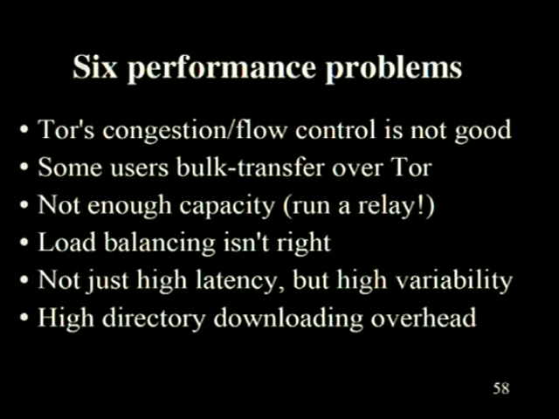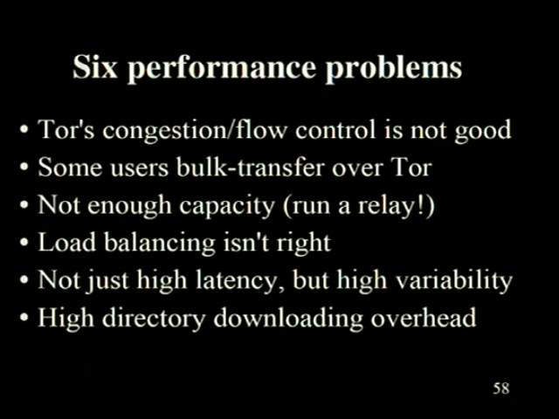Problem number 3, and I've ordered these by highest urgency, I guess, or the highest reason why it's a problem. Otherwise known as, if I solve 2 through 5 but I don't solve number 1, then we did not solve the problem. So number 3 is not enough capacity. We don't have enough relays. There are a bunch of people out there who run ISPs or have extra bandwidth or something like that, and they run a lot of relays, but we sure need a lot more.